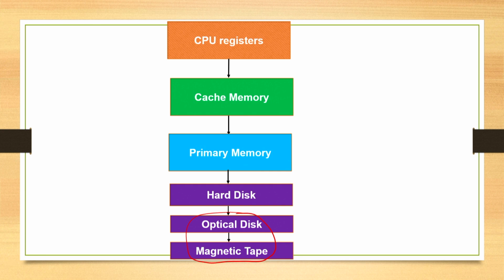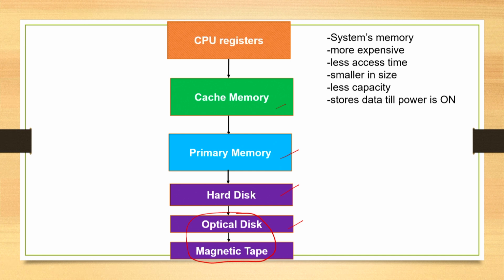So at level 0 we have the CPU registers, level 1 the cache memory, level 2 the primary memory, level 3 the hard disk, and level 4 the optical disk and the magnetic tape. The CPU registers, cache and primary memory are expensive as compared to hard disk, optical disk and magnetic tape.